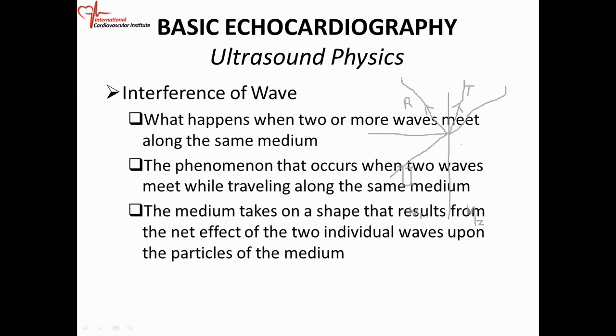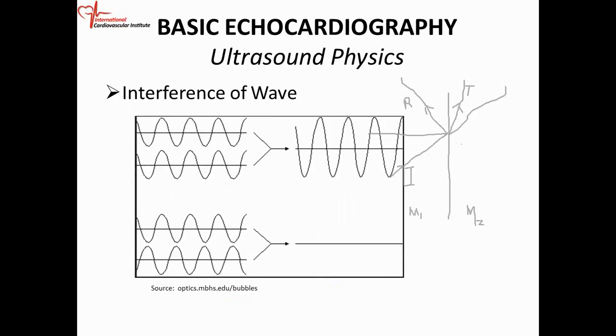Interference is the phenomenon that occurs when two waves meet while traveling along the same medium. The medium takes on a shape that results from the net effect of the two individual waves upon the particles of the medium. So you have one sound wave here, and you have another sound wave.